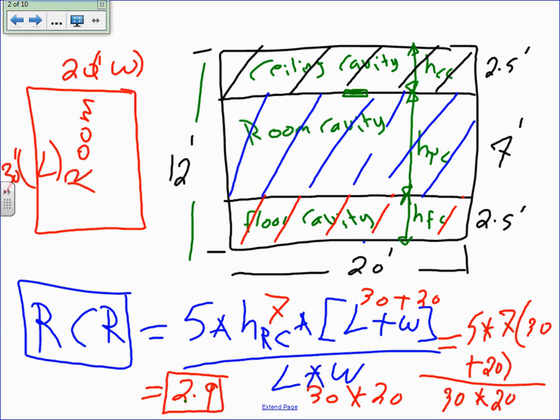Then you need to define what the cavities in your room are. For example, if this is a hallway, guys, and I want the light to be at the floor, then what's my floor cavity ratio? Big fat 0, because I want to see the light at the floor. Then what's the room cavity ratio?